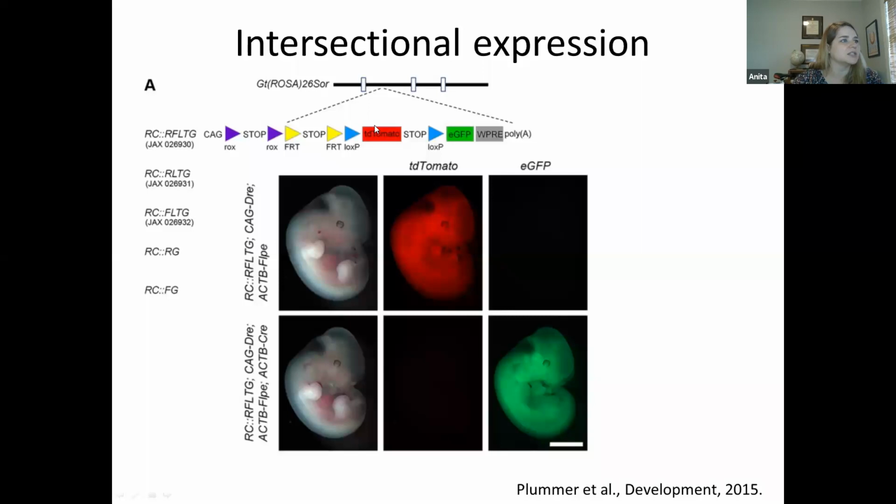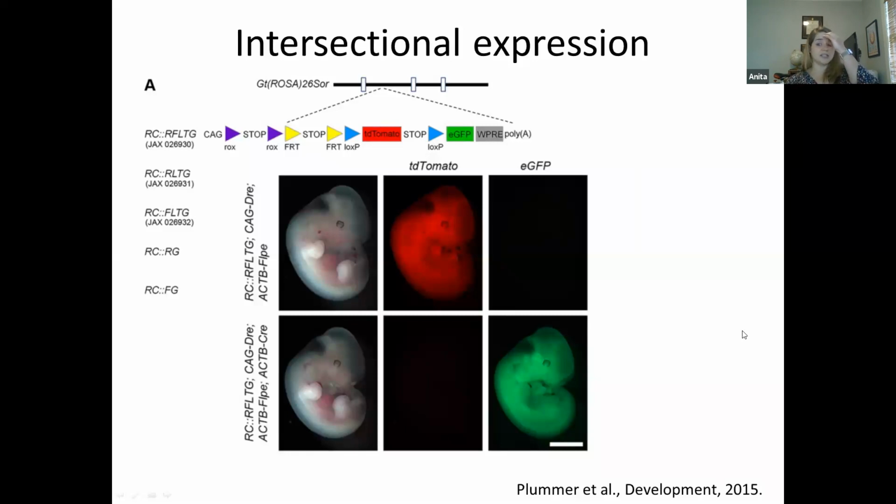Now you can get expression of tomato, but there's a stop here, so you don't get any expression of EGFP over here. Then in this line where you have DRE, Flp, and now you also have Cre, you're going to be removing the stop codon upstream of the GFP, and now tomato is removed. So when you have all three, you have expression of green.